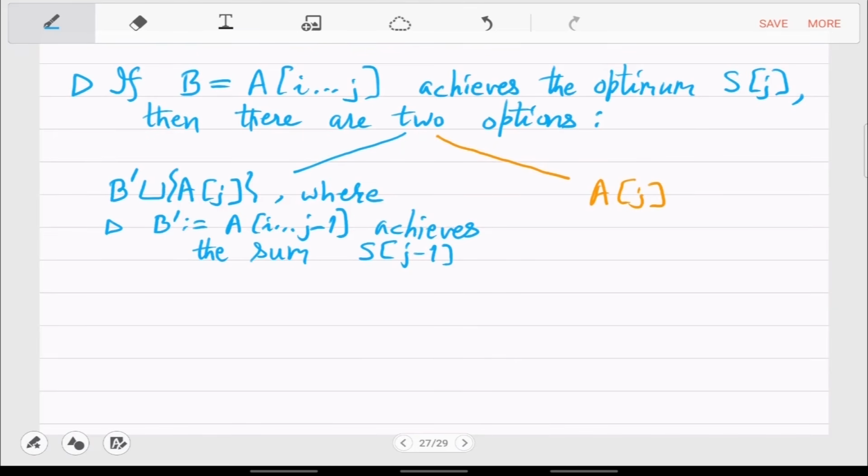So the maximum was achieved by i to j minus 1. Either you use that with Aj and get a bigger subarray, bigger in length, or you ignore it and you only use Aj, a single element. Right? These are the two options.